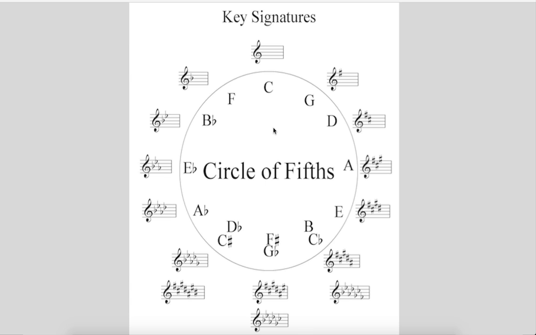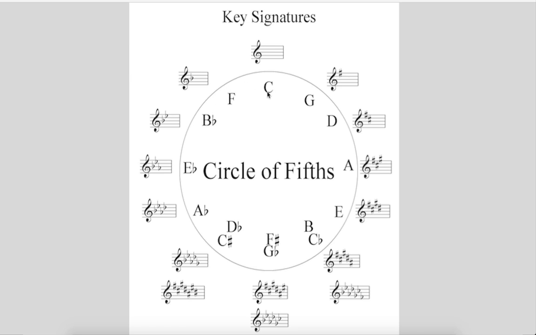I want to point out one more thing here. Remember in the previous class when we talked about inversions, right? So what's the inversion, or in other words, what's the opposite of a fifth? It's a fourth, right? A perfect fifth, if inverted, is a perfect fourth, which means we might call this the circle of fourths if we start here and go to the left.